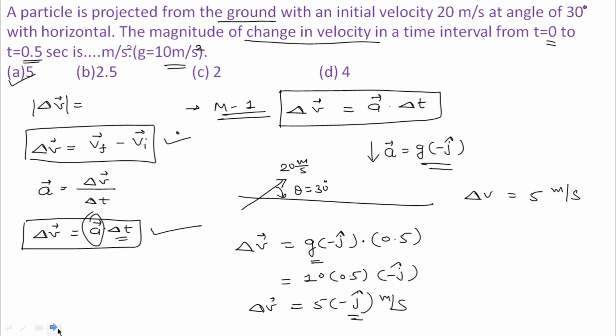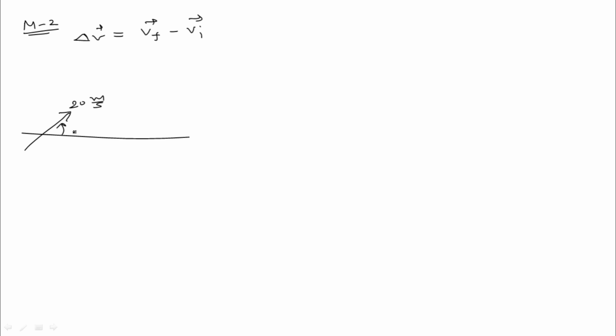And see here the next method. Method number 2. By using this formula, delta v vector is equal to vf vector minus v initial vector. Consider this is the horizontal line, velocity vector here 20 meter per second, angle is given 30 degree.